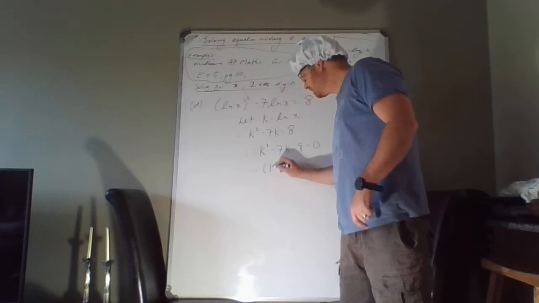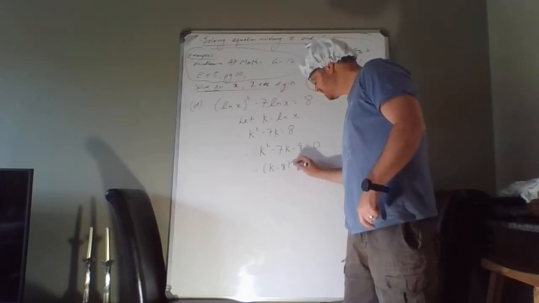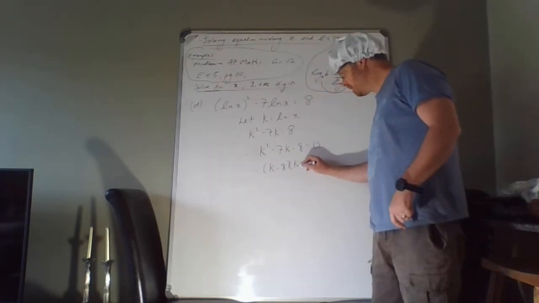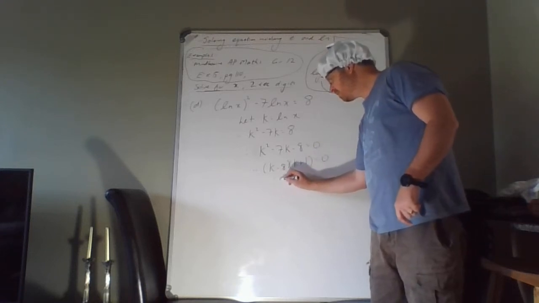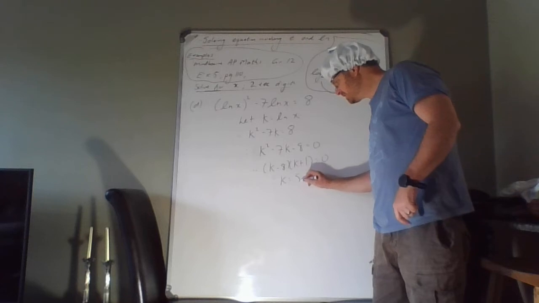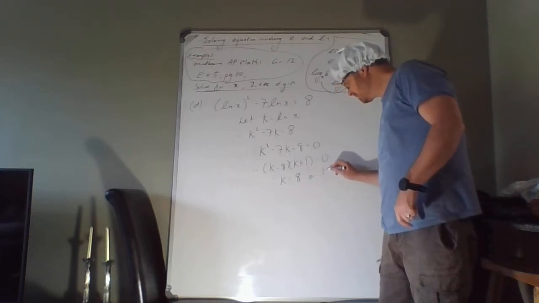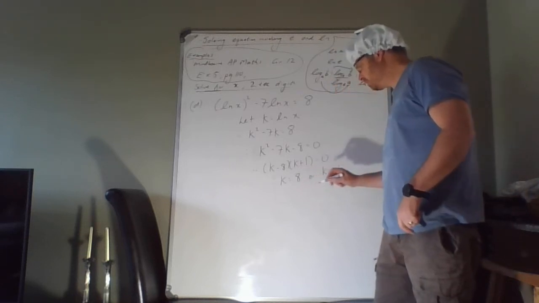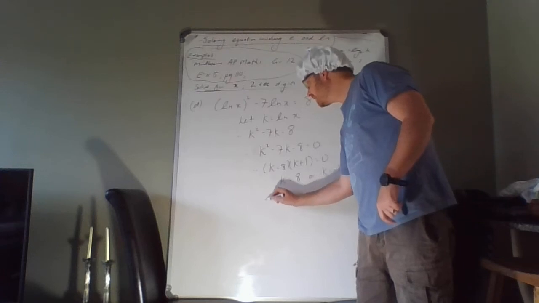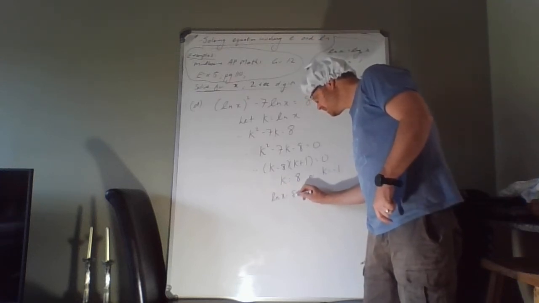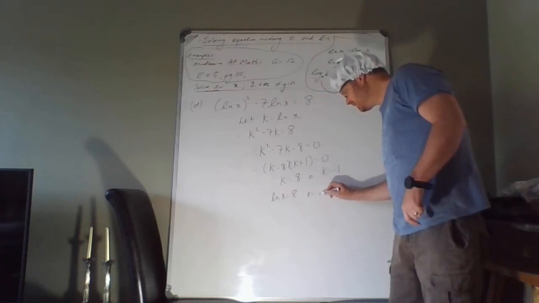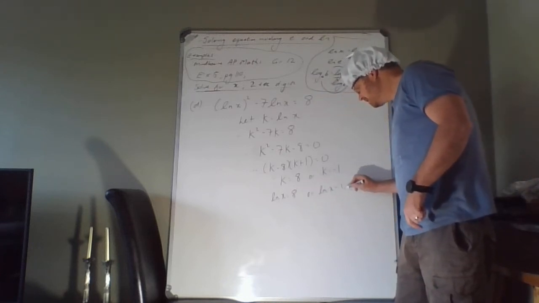This factorizes to (k minus 8)(k plus 1) is equal to 0. So therefore, k is equal to 8, or k is equal to negative 1. But what was k? k was ln x. So ln x is equal to 8, or ln x is equal to negative 1.